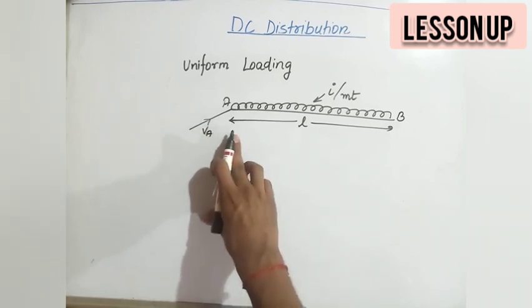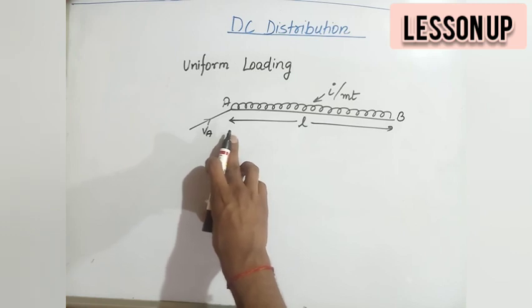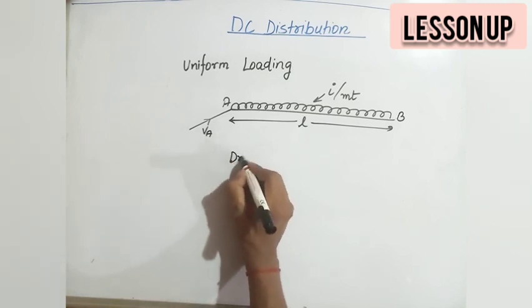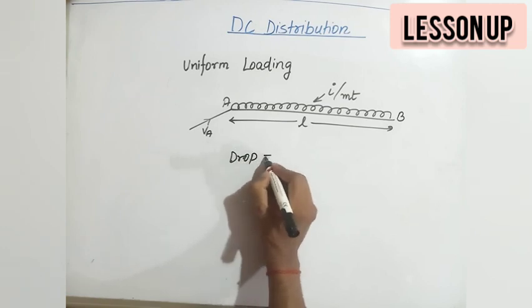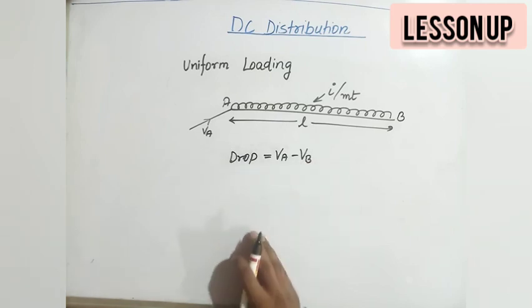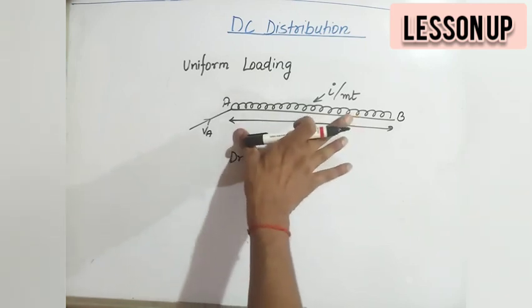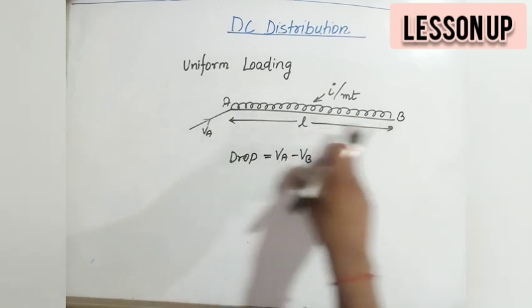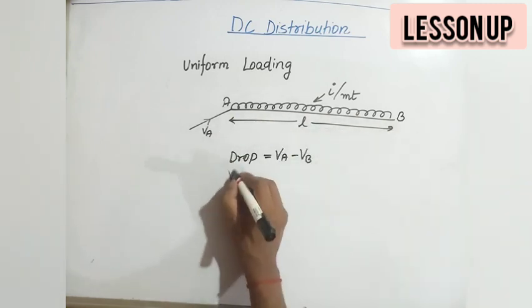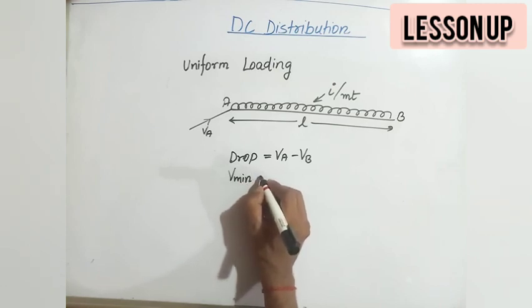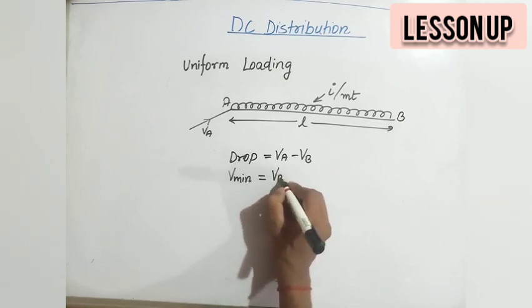If the supply is fed from one end, point A, the drop will be equal to VA minus VB. The drop between point A and point B will be equal to VA minus VB. And what will be the minimum potential? The minimum potential you will get at point B.